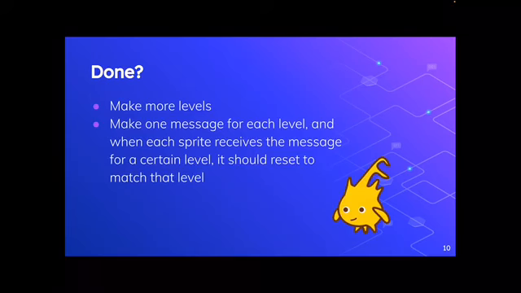So create a broadcast for each level. And when each sprite receives the message for a next level, it should reset to where it needs to be for that new level. So it should move to the left side of the screen, etc. You should also make sure that the stage changes. So set the stage background to the background that is the level that you want.